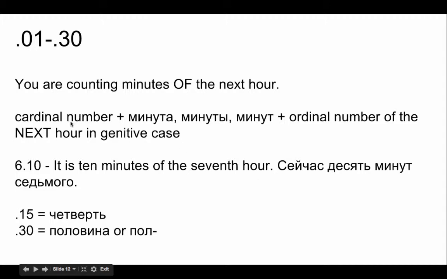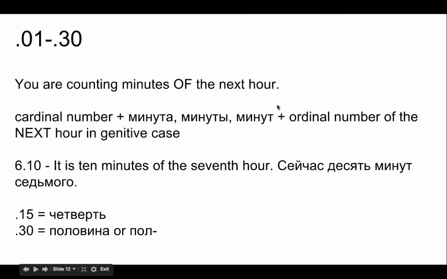6:10 we will say, it is 10 minutes of the 7th hour. So we use the normal number, сейчас 10, and here we chose минут. Why? Because of 10. Genitive plural after 10. So when will we have минута? Only with одна or 21. When will we have минуты? With 2, 3, 4, or 22, 23, 24. All others will be минут.